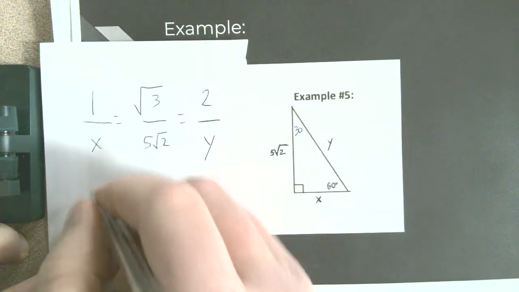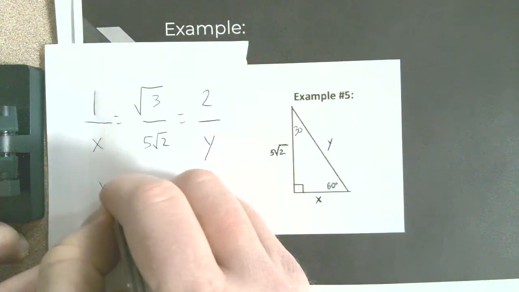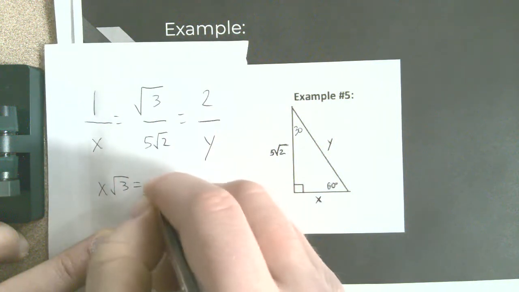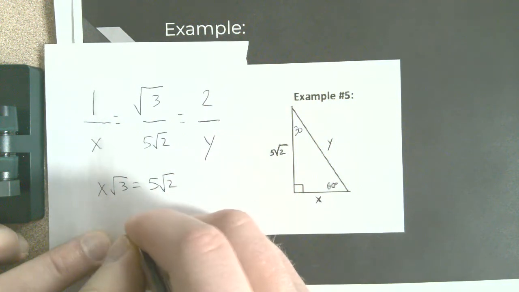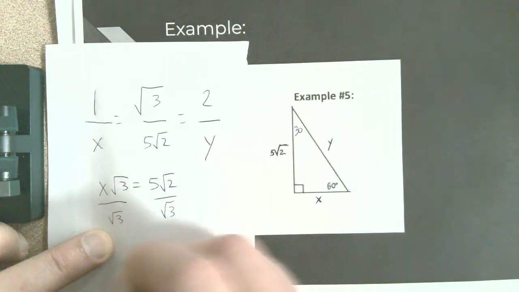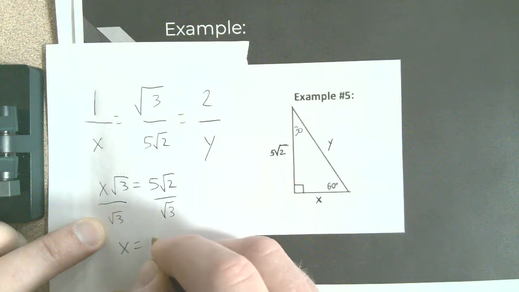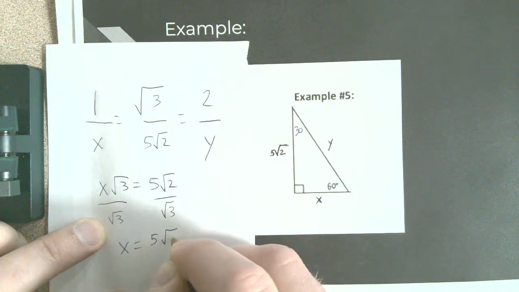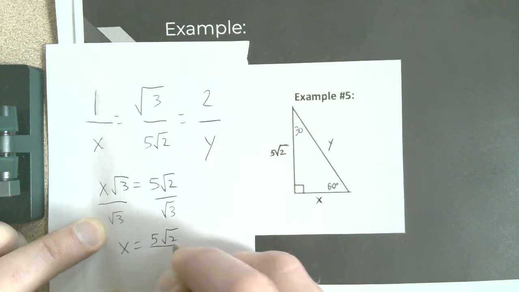So if I solve that for x, I'm going to get x times radical 3 equals 5 radical 2. If I divide by radical 3, x is going to be 5 radical 2 over radical 3.